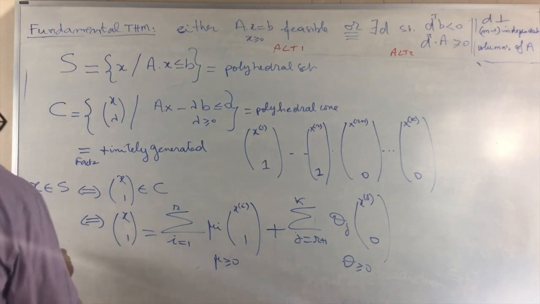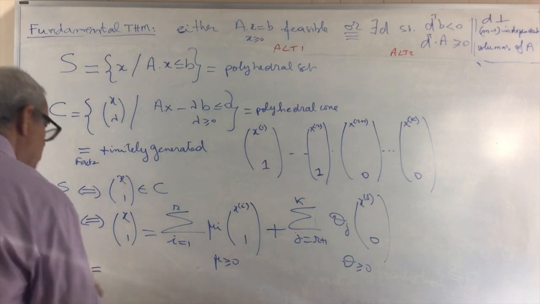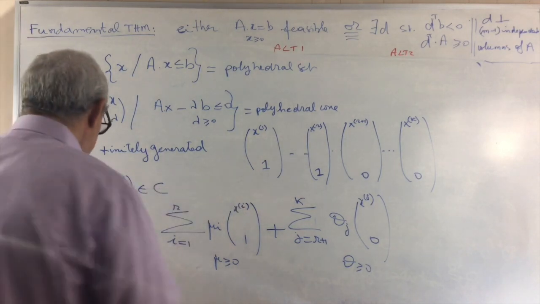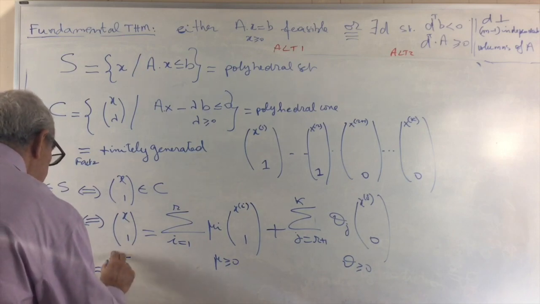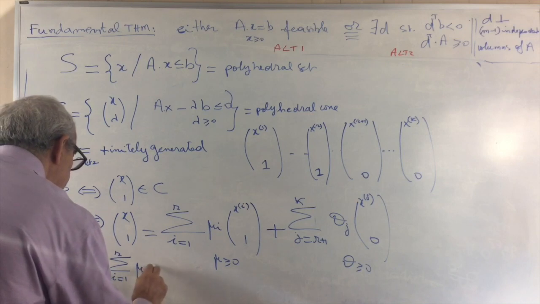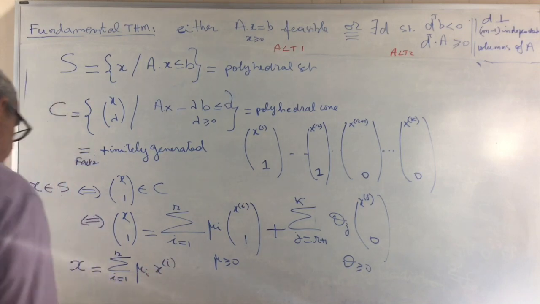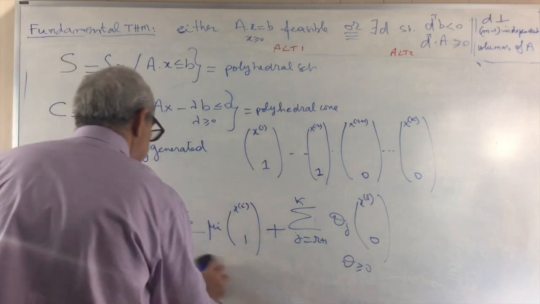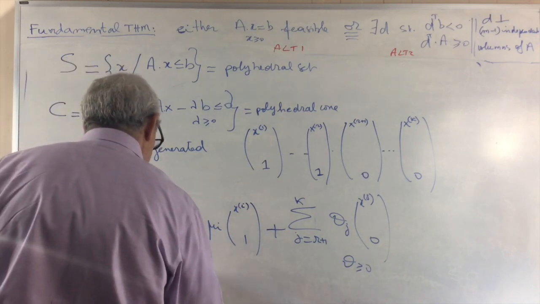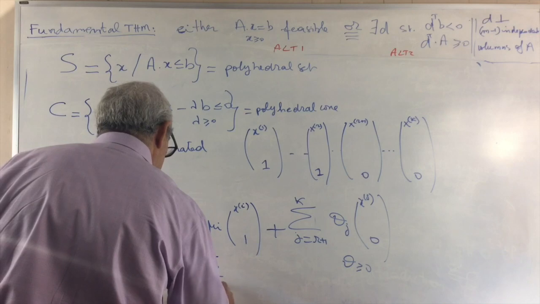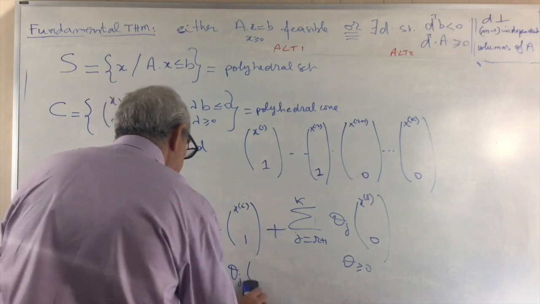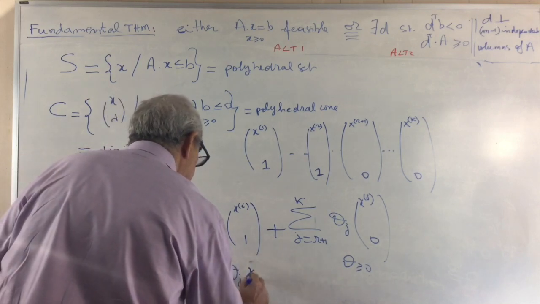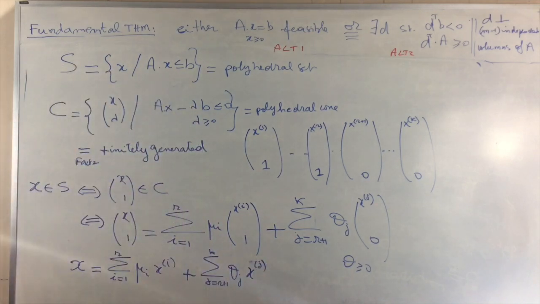So now we read now x. Right? So x is equal to the sum i equal 1 till r of mu i times x i, plus the sum of j equal r plus 1 till k of theta j x j, right?